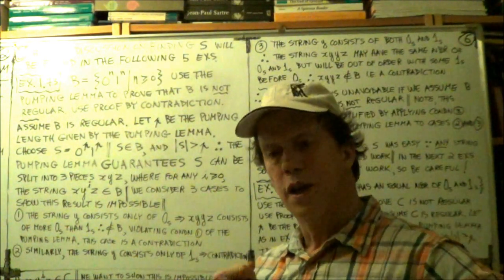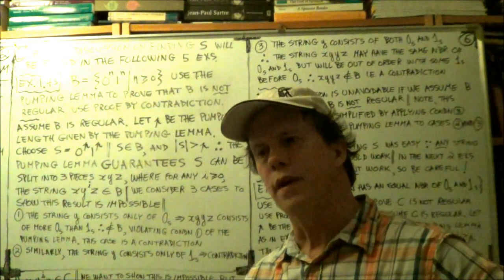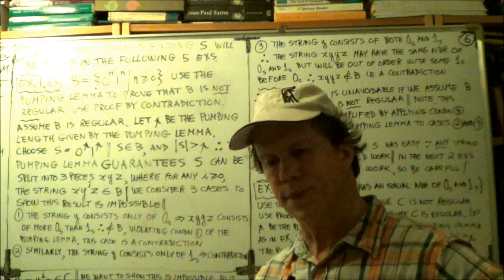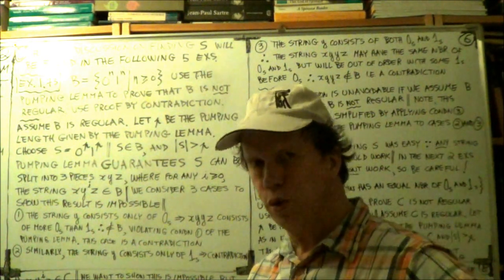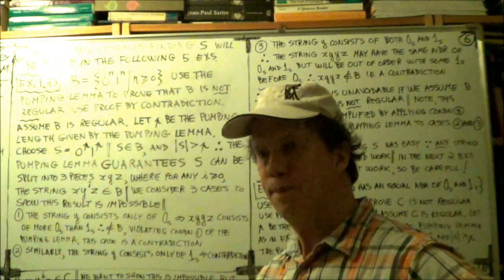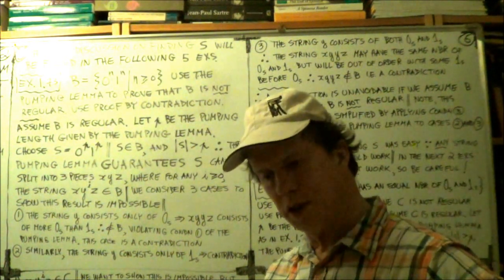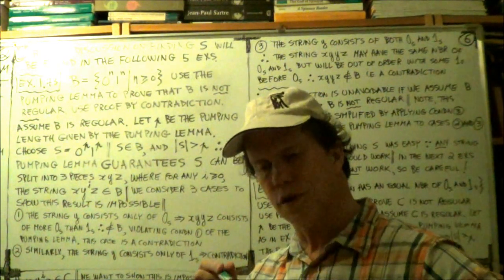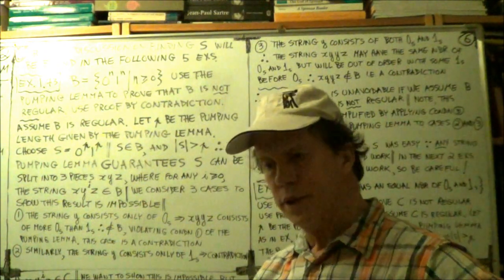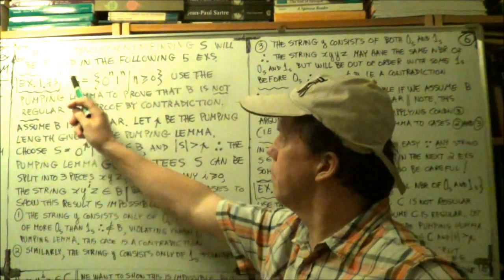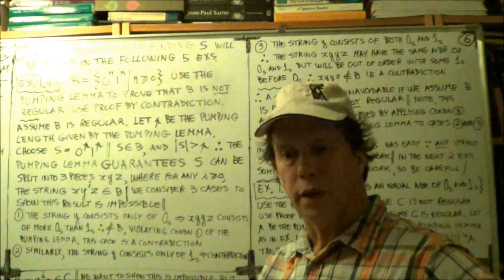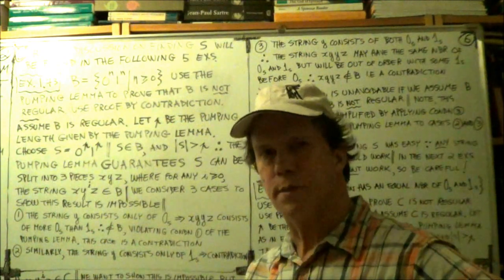And we get the contradiction by using the pumping lemma. So the pumping lemma becomes a basic tool to obtain the contradiction. Now once we have the contradiction, then we use modus tollens, the logical inference rule, to deduce that the assumption that B is regular must be false.